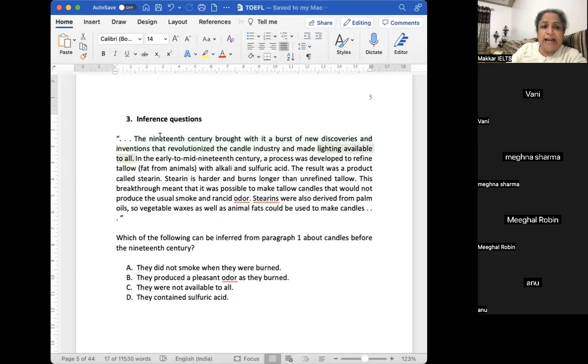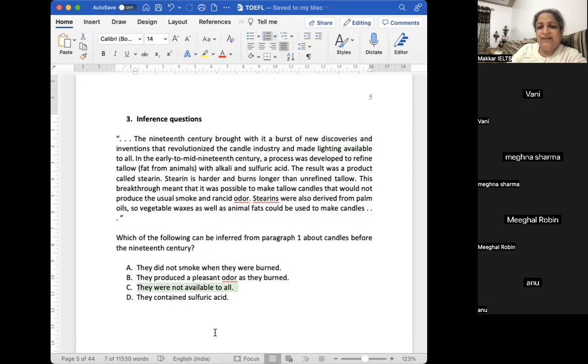That means before the 19th century, lighting was not available to all. You can infer it from here. Okay, ma'am. Got it? Right? See, the 19th century made lighting available to all. The question is, what can be inferred about candles before the 19th century? So now what can you infer? Lighting was not available to all. They were not available to all. Right?